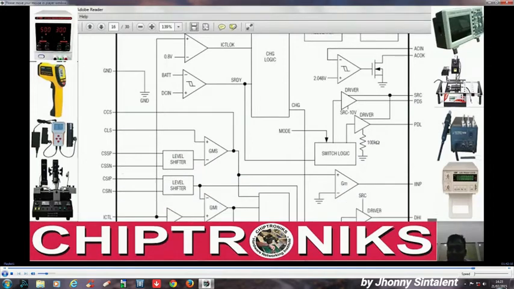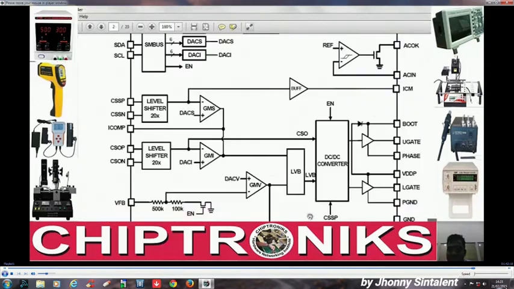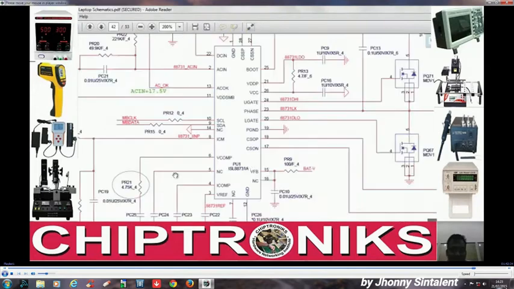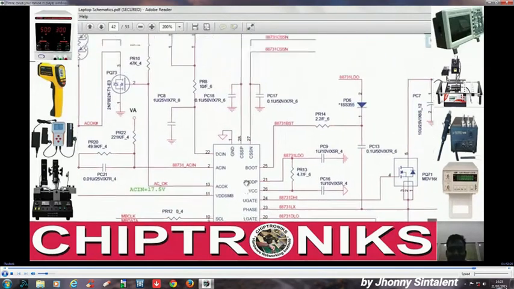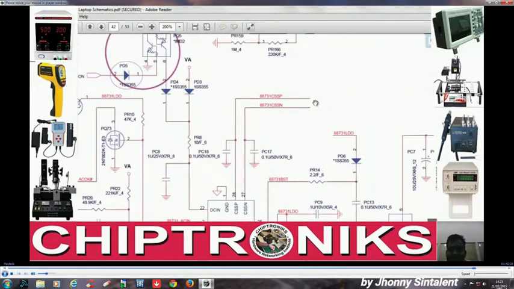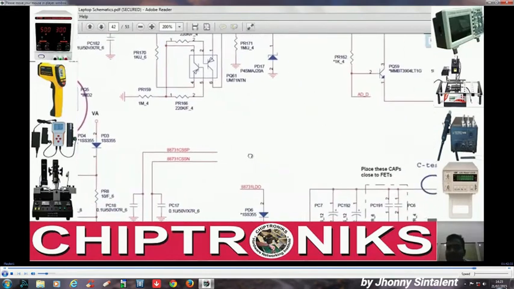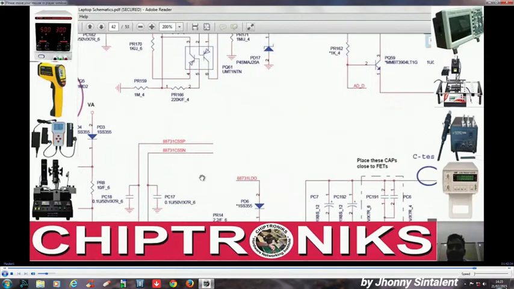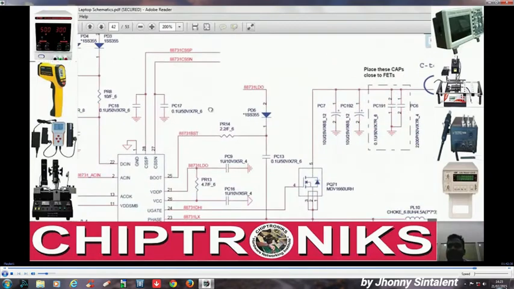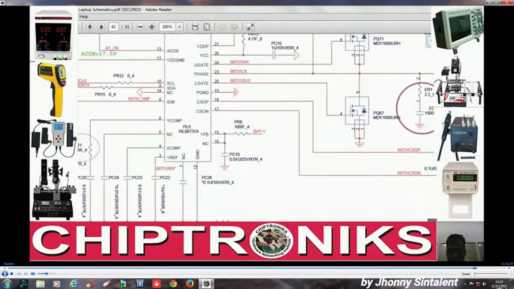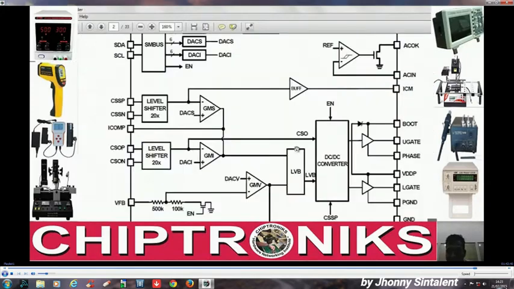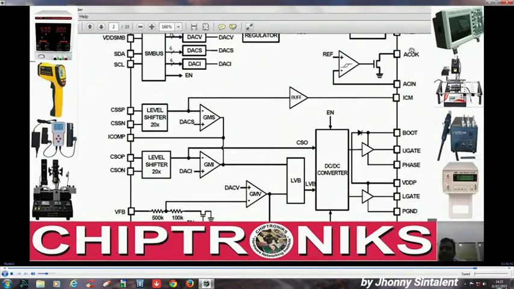Similarly here in ISL88731, this ICM is generated by CSSP and CSSN. We can see over here CSSP and CSSN. These are the inputs, and these are connected to the input side. So these are the two important outputs of this charger IC.